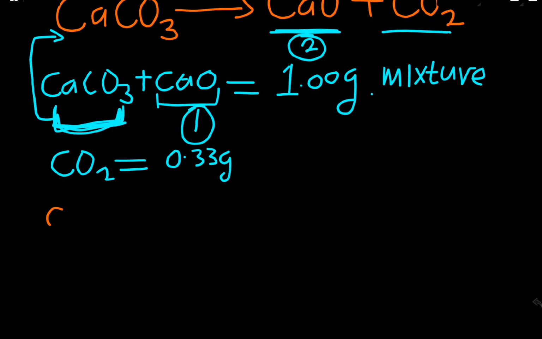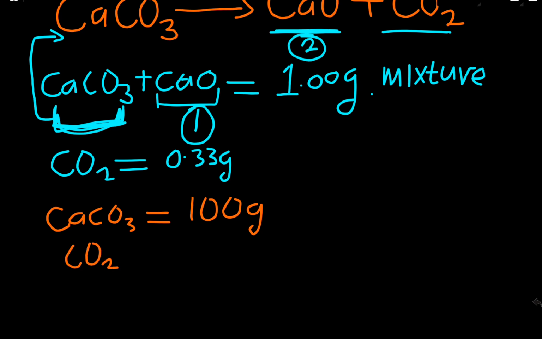But keep in mind that the molar mass of calcium carbonate is actually 100 grams, and that of carbon 4 oxide, CO2, is 44 grams. And from our equation, the mass of carbon 4 oxide given is 0.33 grams.